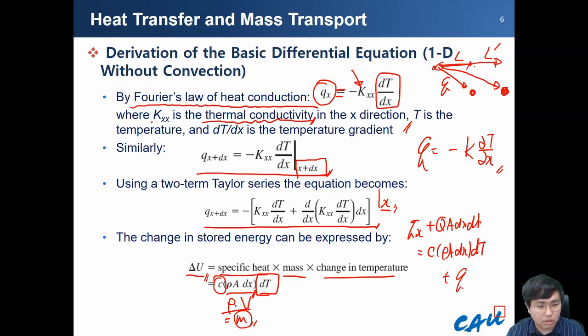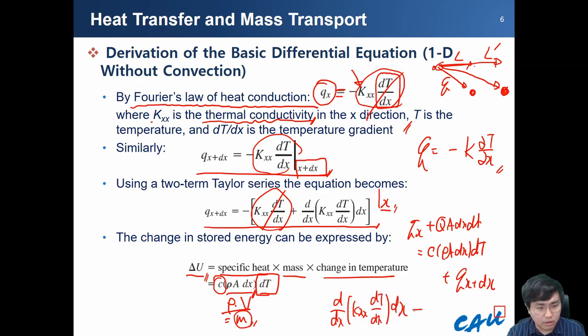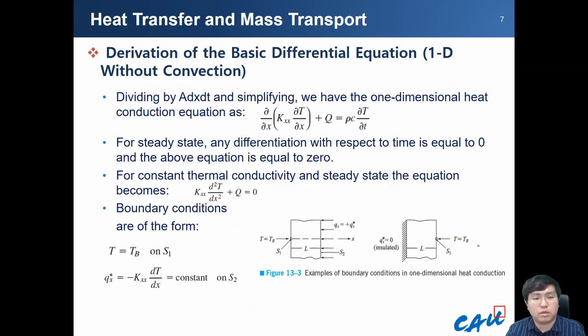But here they have the same two terms, so you can cancel them out with each other. So the remaining thing, when you move to the right hand side, is q and c rho A dt. So we can obtain this kind of relationship.